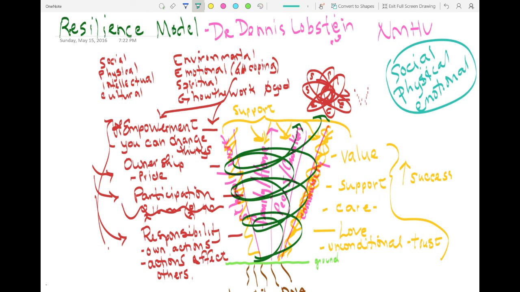But I think that we need to pay attention to all 7 areas if we want to maintain health. And you could say, well, physical incorporates environmental, and it also incorporates cultural, or social incorporates cultural, that kind of stuff. But I think that this is probably the best model I've ever seen. And I wish that it had taken off because I think it's fantastic.